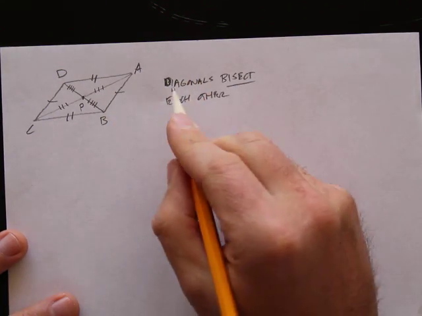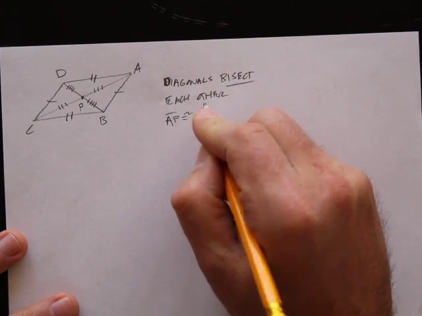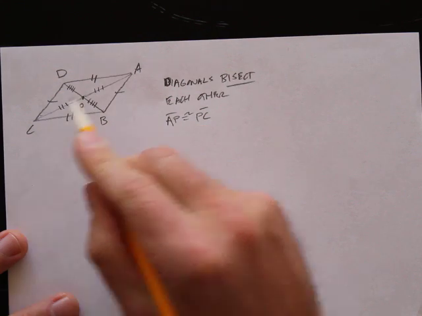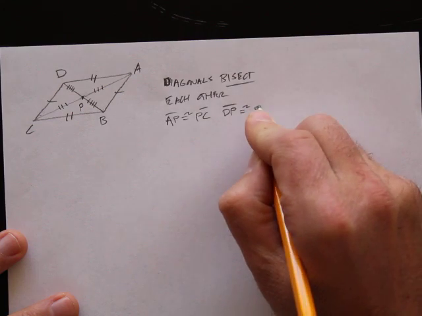Therefore, AP is congruent to PC, and DP is congruent to PB.